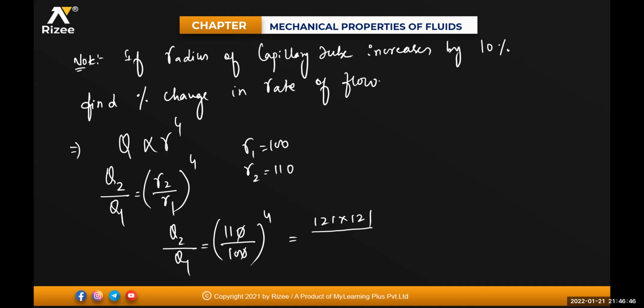So 10 square is 100 into again 100. So 121 into 121 is 14641 divided by 10,000. So that will be approximately 1.4641. Now Q2 by Q1 will be equal to 1.4641.